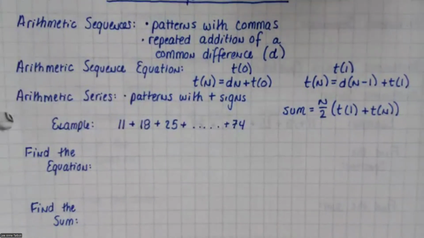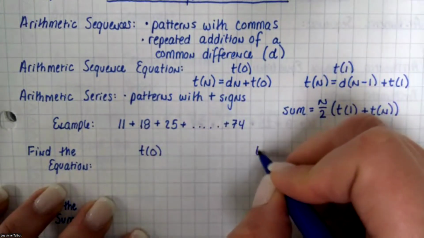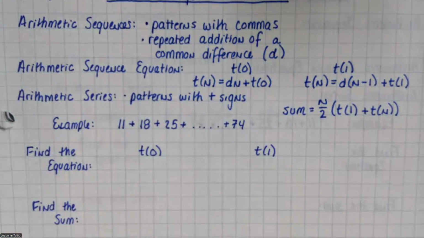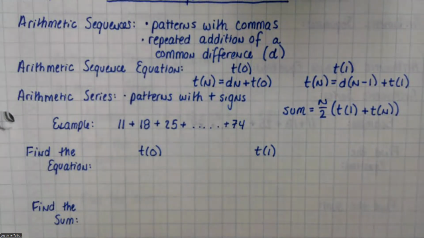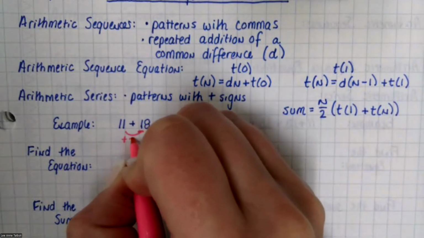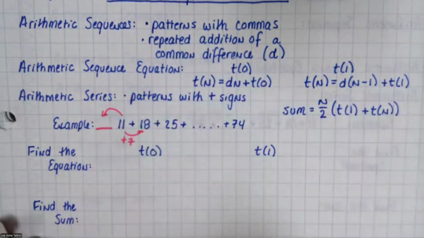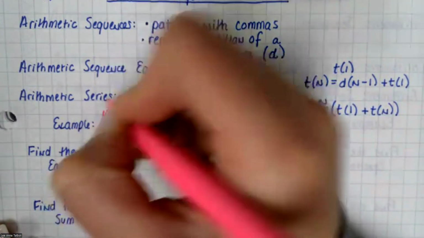Okay, so we have an example here. We're going to find the equation both ways, in terms of term 0 and term 1. When you start doing the worksheets, like the mid-chapter worksheets, I'm going to ask you for both, just to make sure you can do both. But first, I need to figure out what the growth is, and it looks like it's 7. And I need to figure out what term 0 would be: 4.